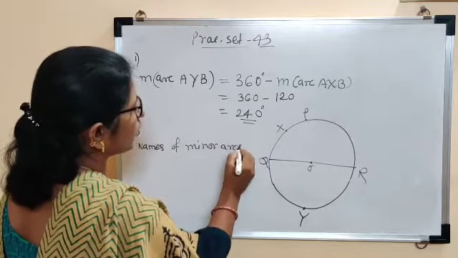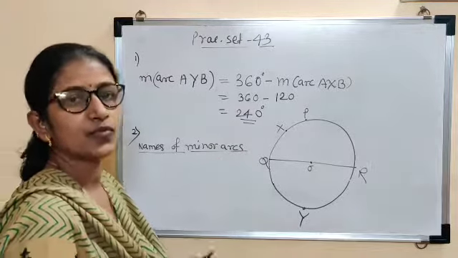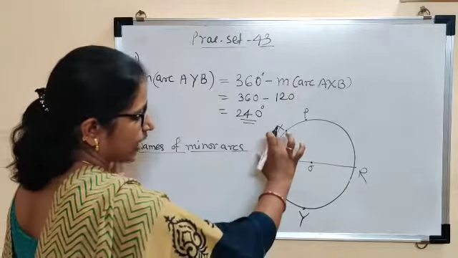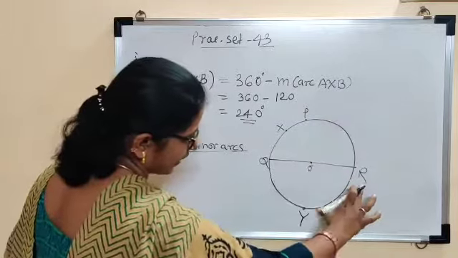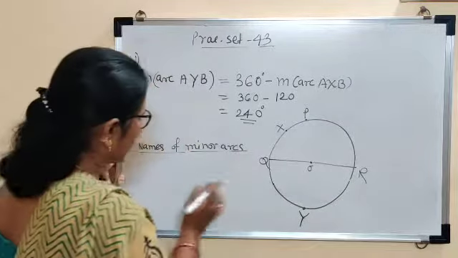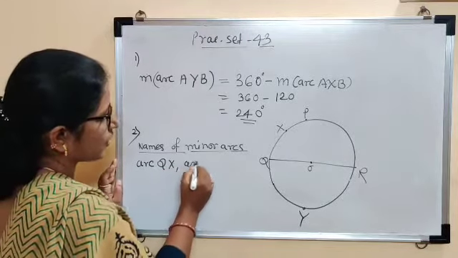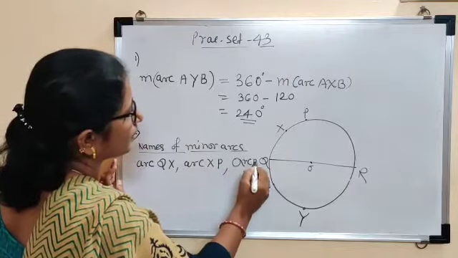Minor means smaller arcs. Smaller means it should be less than 180 degrees. Now let's see, there are so many minor arcs: arc QX, arc XP, arc PR, arc RY, arc QY. So write down all the names of minor arcs: arc QX, arc XP, arc PR.